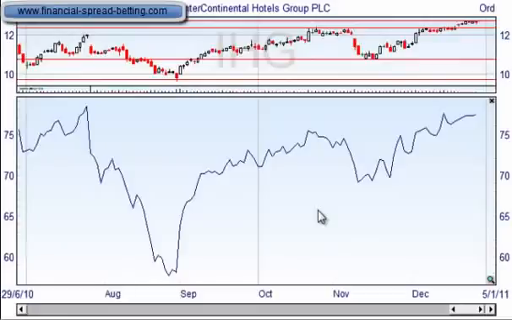So, for instance, if we started to see the accumulation and distribution start to move down, we would then look towards a bearish move within the actual security itself.